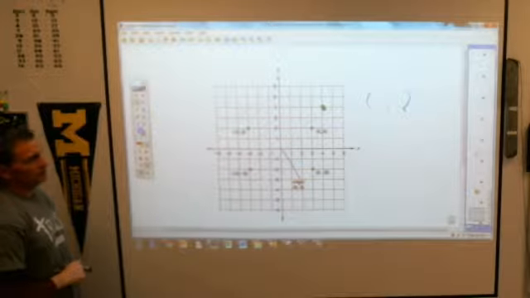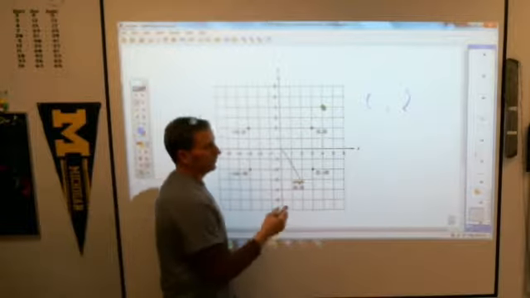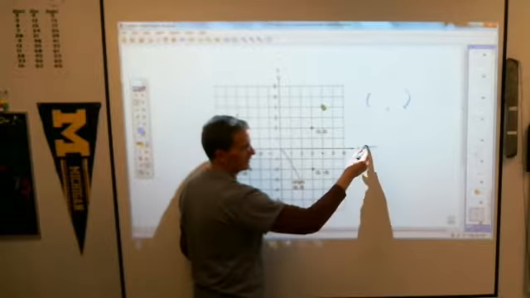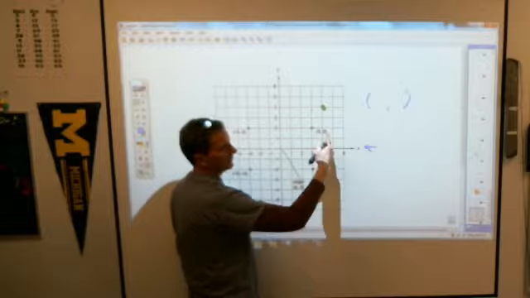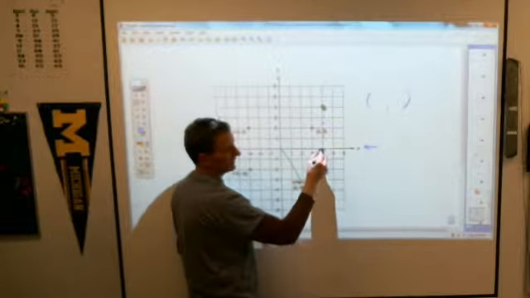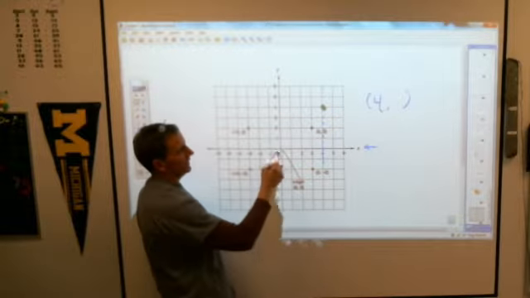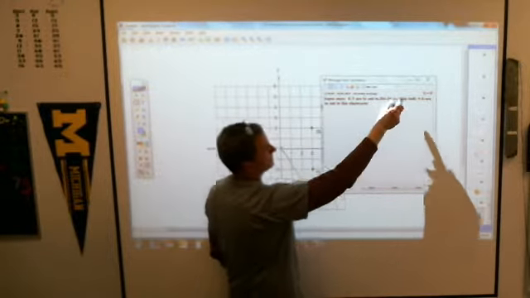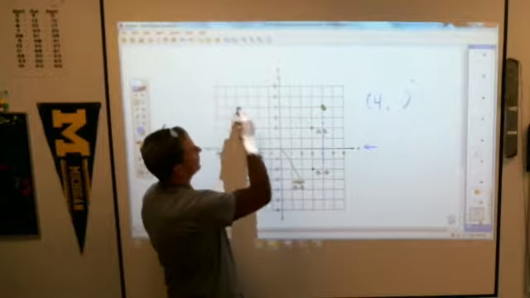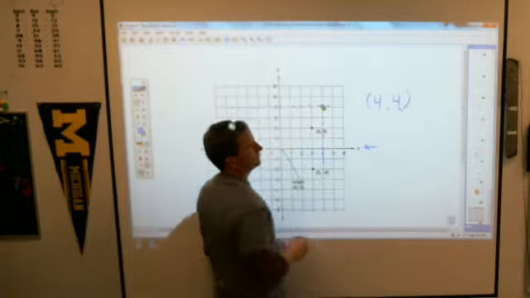The first number is the x number. So if you drew a line straight down, where does that cross the x-axis? At 4. The second number is the y number, so you go across on the y-axis, and it's (4, 4).